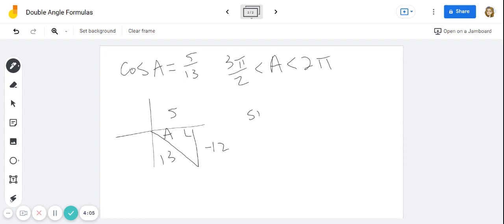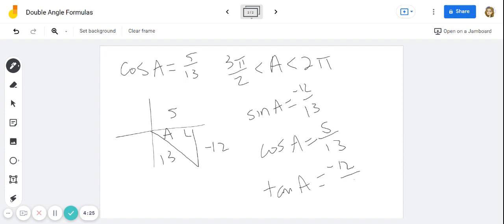So then we know that sine of A is opposite over hypotenuse, negative 12 over 13. Cosine of A is adjacent over hypotenuse. We already knew that one, 5 over 13. And tangent of A is opposite over adjacent, negative 12 over 5.